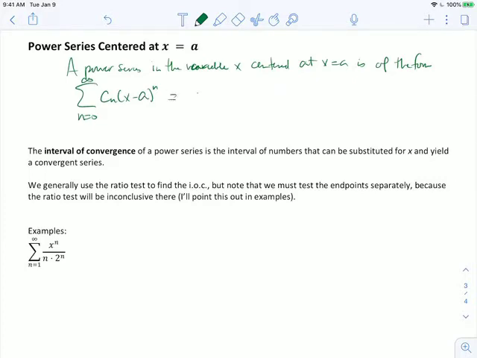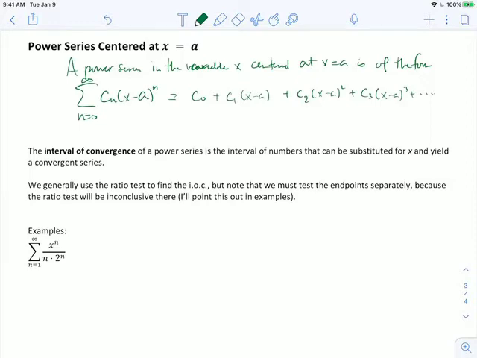If I were to write out the first few terms, you begin to see why we might call this an infinite degree polynomial: c0 plus c1 times x minus a, plus c2 times x minus a quantity squared, plus c3 times x minus a quantity cubed, plus dot dot dot.